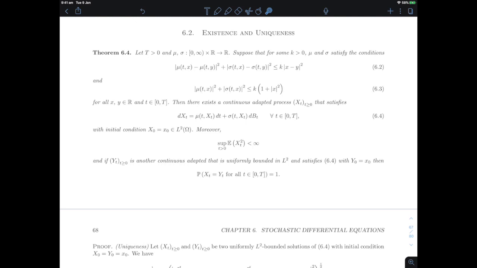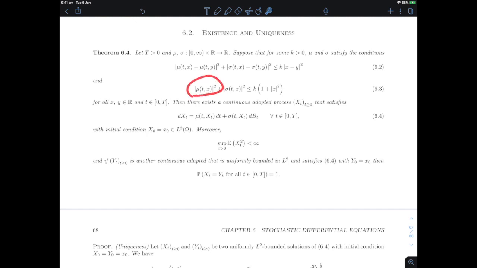Now, we often require in ordinary differential equations something like mu and sigma being bounded. We don't quite need that. You can relax such a condition, and the way we relax it here is we assume that mu and sigma, if they're bounded, that's great, but if they grow, that's okay, as long as they do not grow faster than a linear function x goes to x.